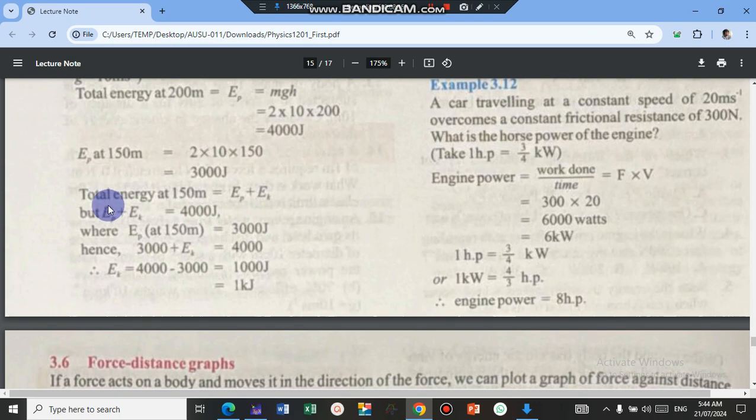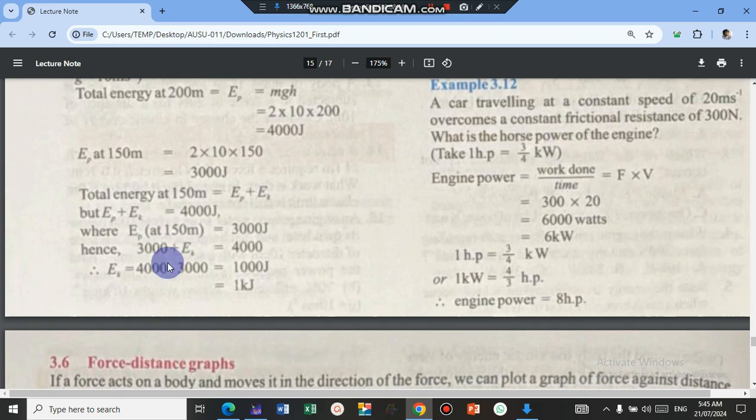But here is the analysis. Total energy at 150 meters at that point will be potential plus kinetic. But we know that potential plus kinetic should give us our 4000 joules back, the initial, because energy is neither created nor destroyed. So now we know our potential energy at this point, so we can write it there, 3000.